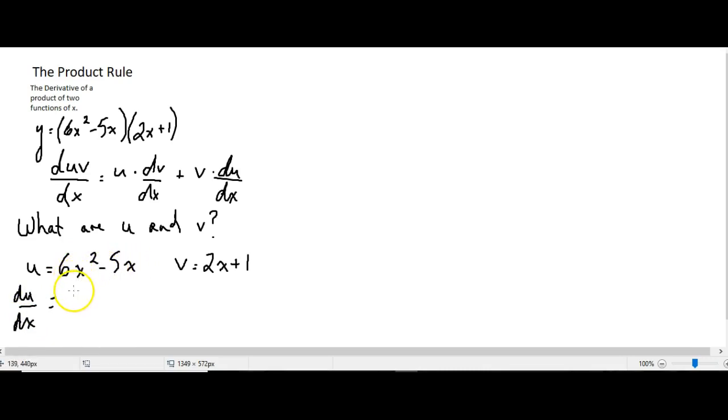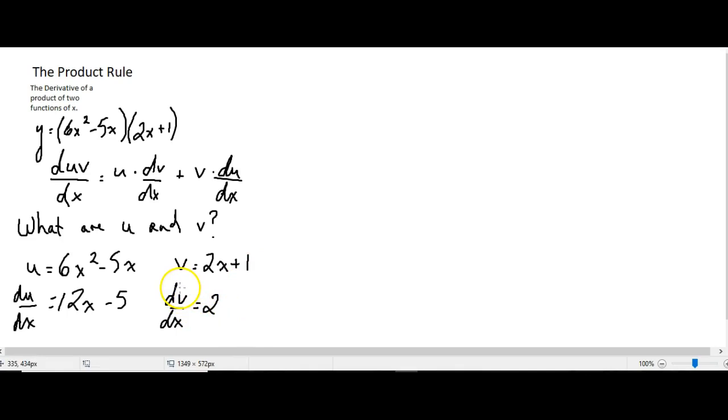Well, that's just like what we've been doing all along using the exponent rule. So that will be 12x minus 5. And the other part of this one is dv/dx, which is the derivative of the function v with respect to x, which will be the derivative of 2x, which is 2, and the derivative of 1, which is 0, so it just ends up being 2.